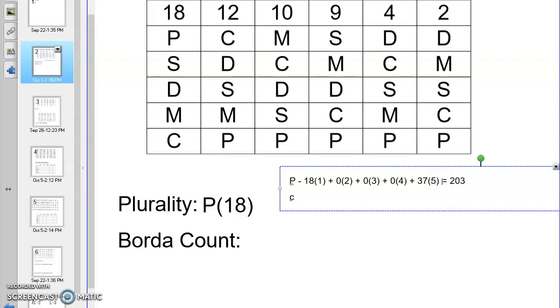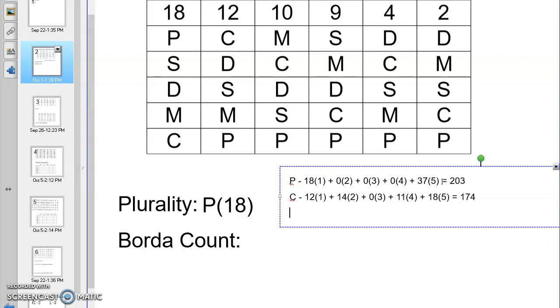With Coke, or the C, it's going to be 12 first place votes, 14 second place votes, 0 third place votes, 11 fourth place votes, and 18 fifth place votes. And that totals 174.